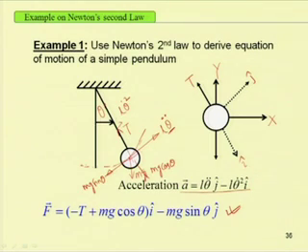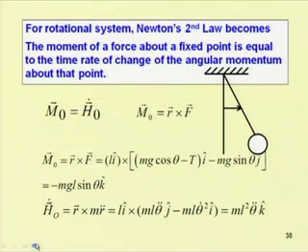But if you consider this as a rotating system, in that case also we can write Newton's second law in this form: the moment of a force about a fixed point is equal to the time rate of change of the angular momentum about that point.